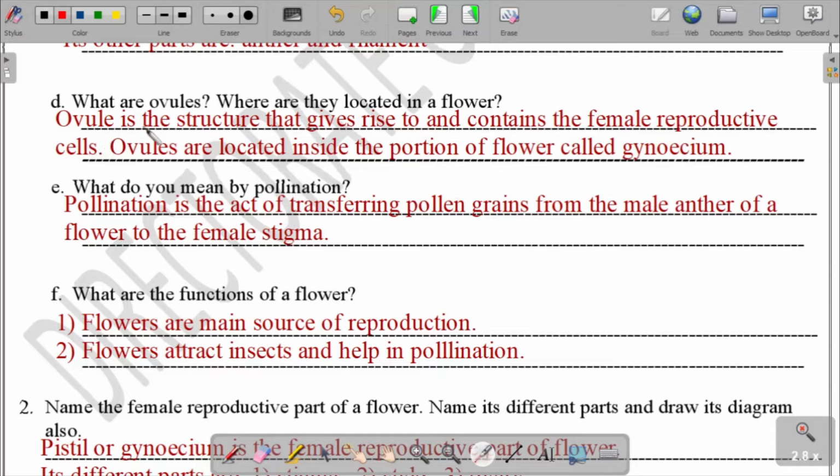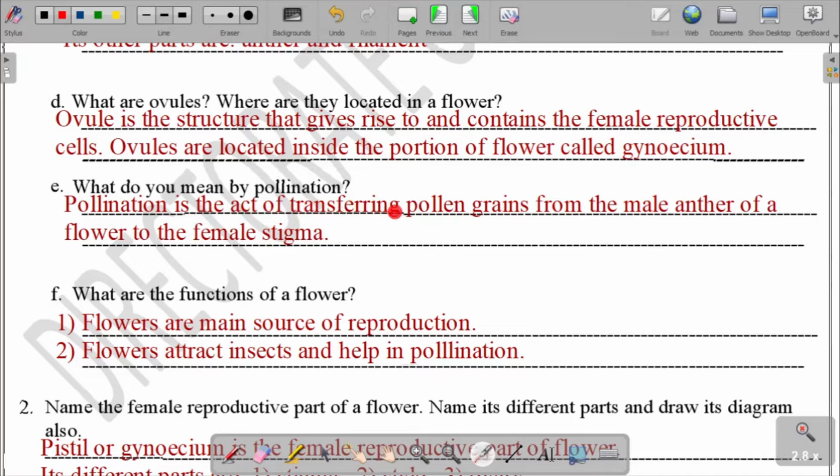Okay, ovules is the structure that gives rise to and contains the female reproductive cells. Ovules are located inside the portion of a flower called gynoecium, or we can say carpel, or we can say pistil. All the three are names of the same part. Next question E. What do you mean by pollination?